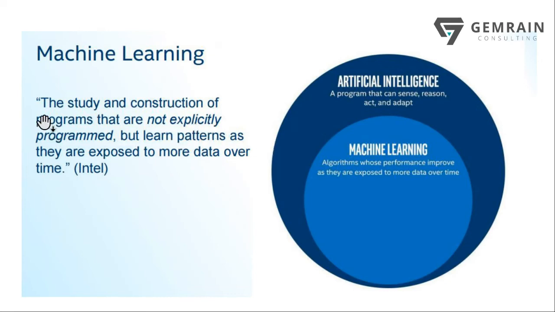In machine learning, it is the study and construction of programs that are not explicitly programmed but learn patterns. For example, email classification as spam or not spam. First, we have to provide samples, thousands of emails, with good emails and spam emails.